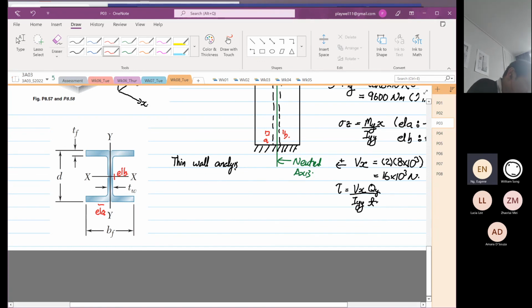So we know that the shear force is coming in this way. This is 8 times 10 to the power 3 Newton, and this is 8 times 10 to the power 3. That's where it's 16. Then we sketch the shear flow, sketch the q.